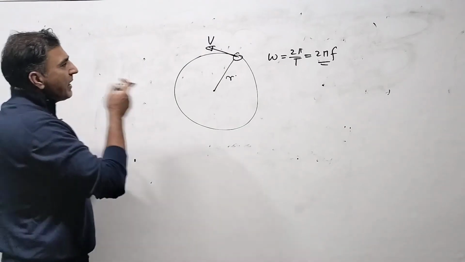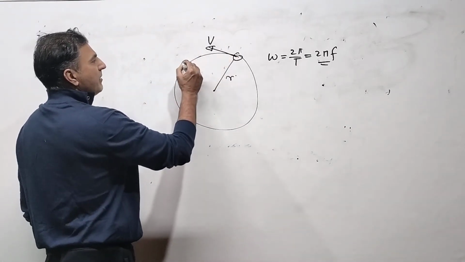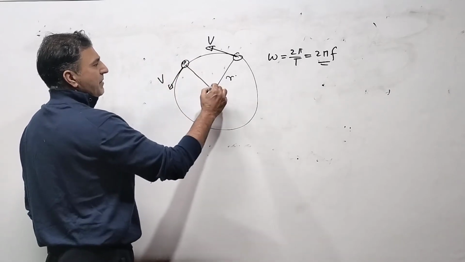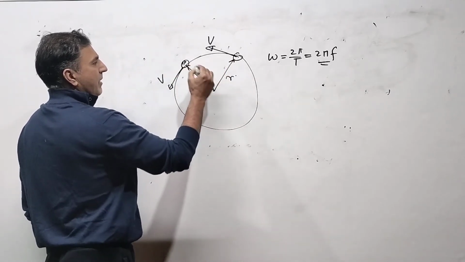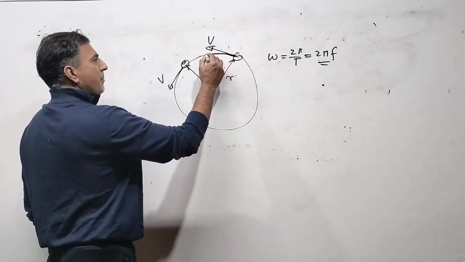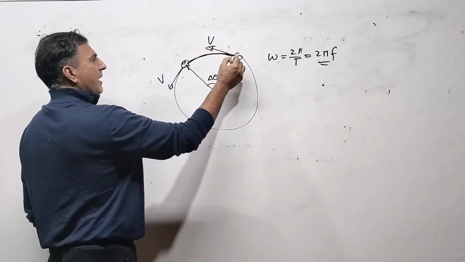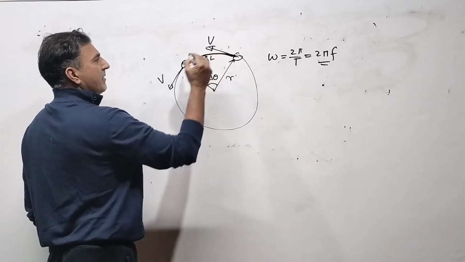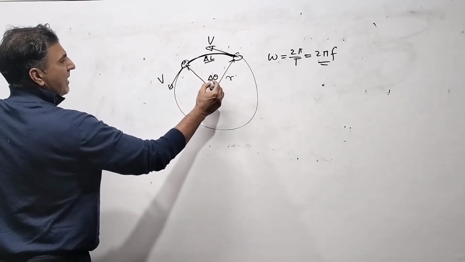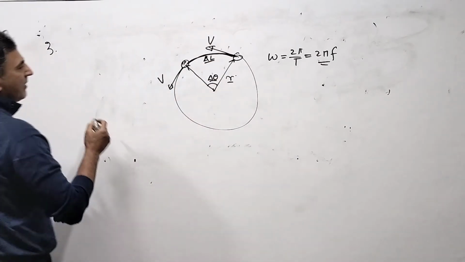Okay. Now let me suppose the particle goes and reaches here. Velocity is v, and now the radius vector is this, and the angle cut by the radius vector is delta theta, and this path distance is delta L. Now what is the relationship between delta L, delta theta and r? Anybody can guess.